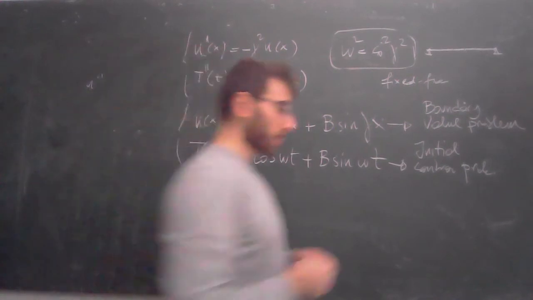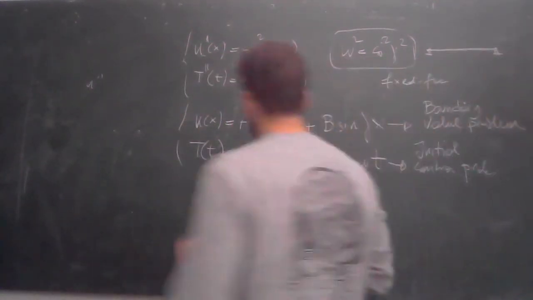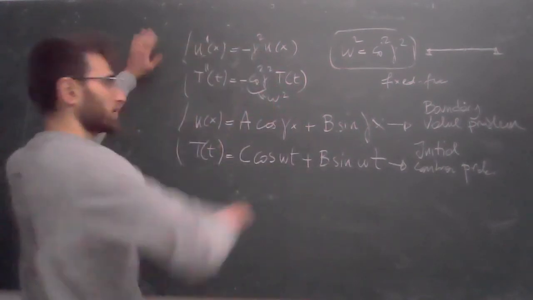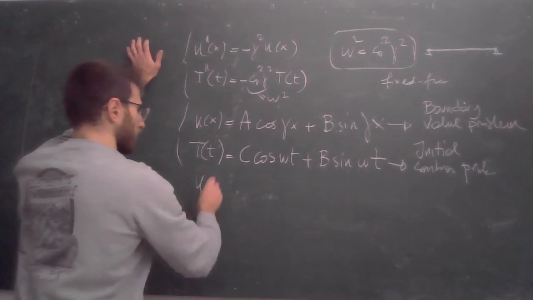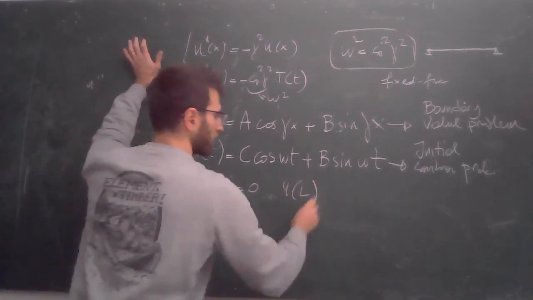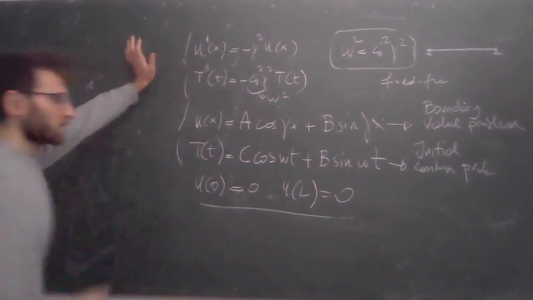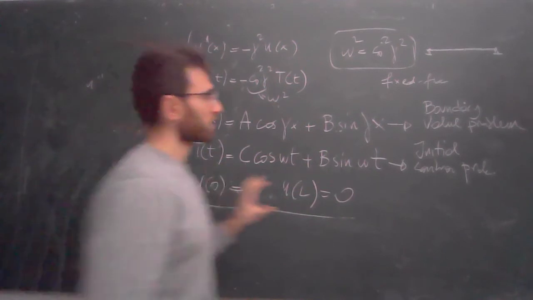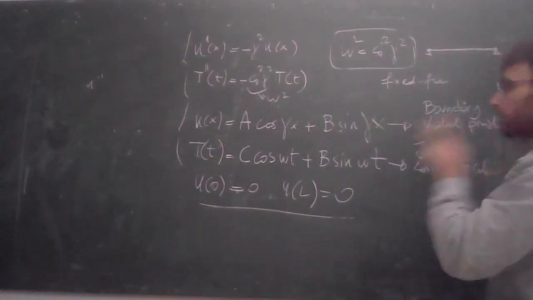A string which cannot move. What does it mean? We write the boundary problem as u of 0 equals 0 and u of L equals 0. This is the boundary condition of a fixed string.